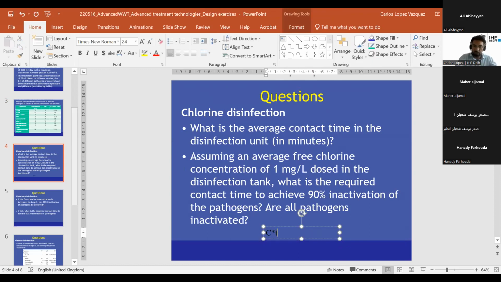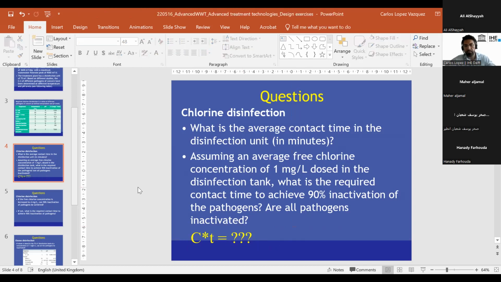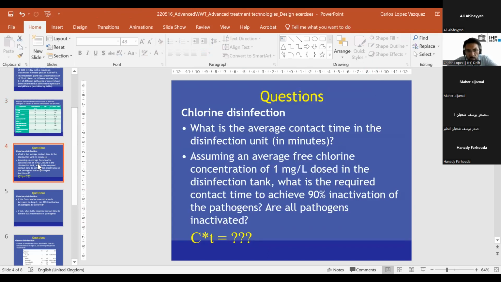So CT constant, but which CT constant? Your answer is more or less okay, but which CT constant? Because we already have the CTs of the organisms. So what CT do we need now?